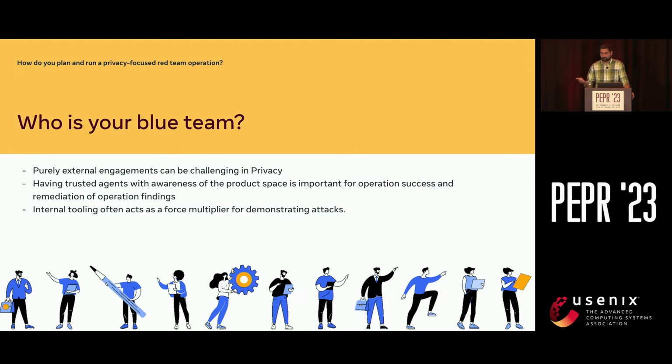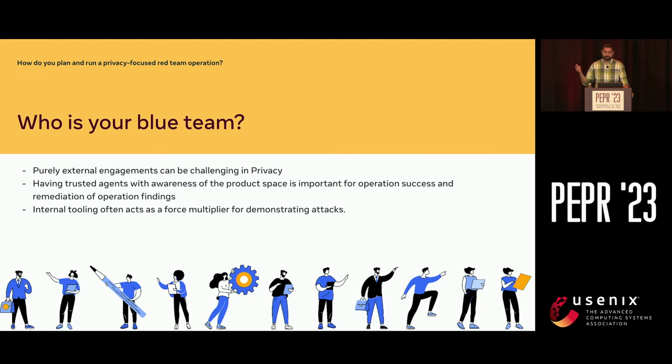This can be helpful for a couple of reasons. Number one, you can do purely external engagements in privacy, but you spend the first 3 weeks basically reverse engineering how the product works, and that's not really helpful for anyone. That doesn't inform on what your privacy weaknesses are. So jump-starting that process with a little bit of internal information can yield better outcomes.